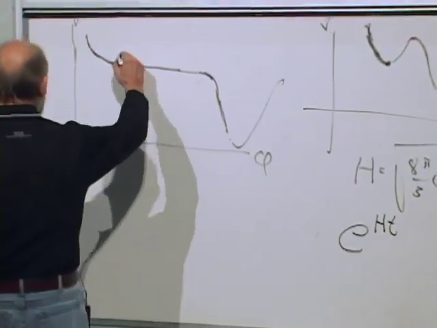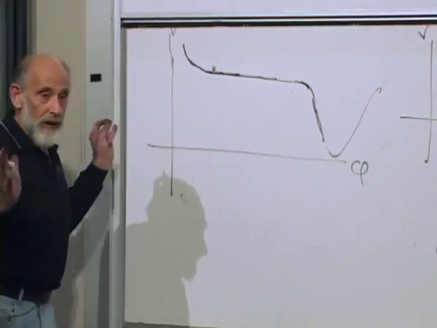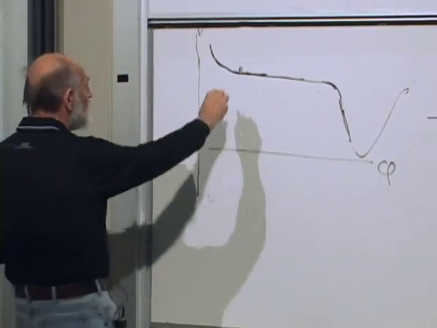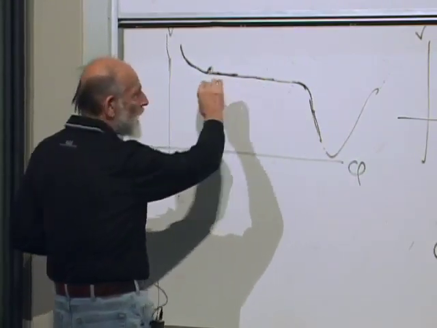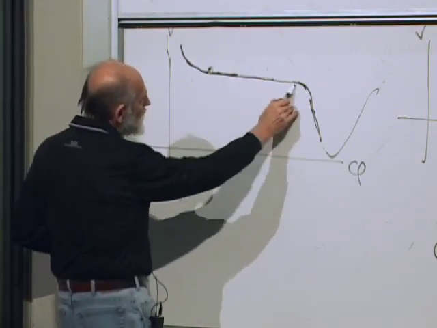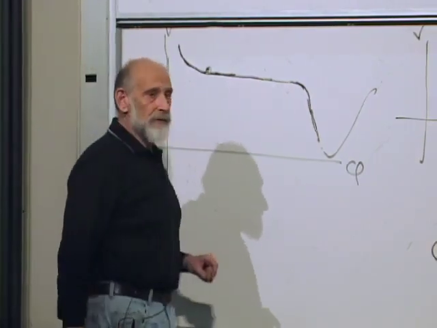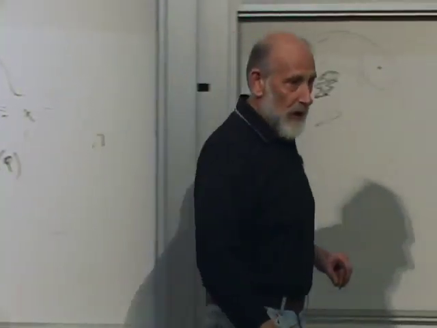The universe started in some unknown way, in a way that we don't know, with a field energy V of phi that was located on a plateau like this. Because this was almost a flat plateau, phi didn't change very much with time.